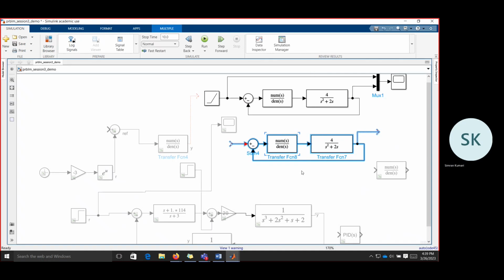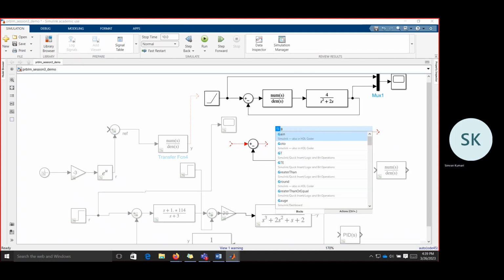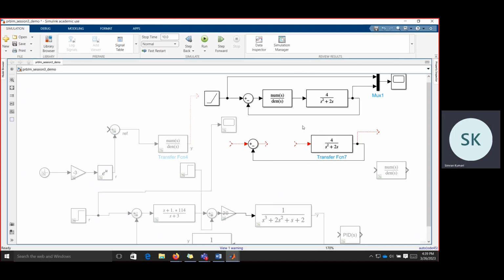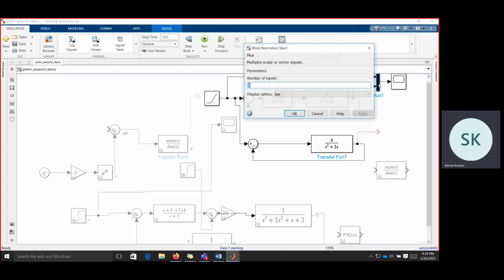We'll just remove it, and simply short circuit this one. Disconnect this, and this is a reference, and this is the output of the uncompensated system.